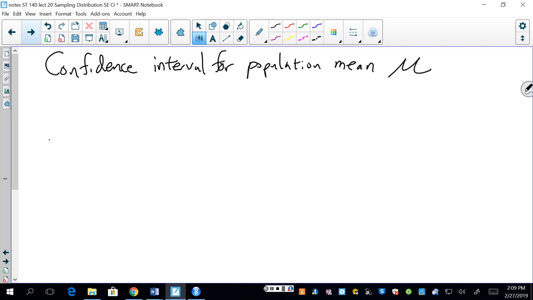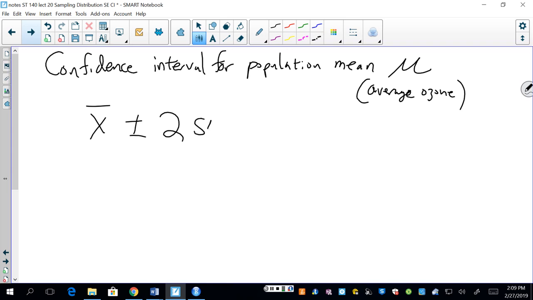So this application, that average across a range of days. So our interval is going to be X bar plus or minus 2 times the standard error. And this plus or minus means, X bar minus 2 times the standard error up to X bar plus 2 times the standard error. Making an interval that way.